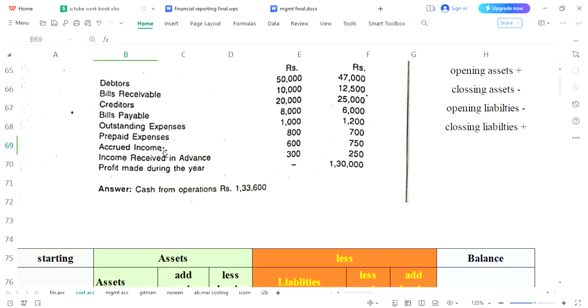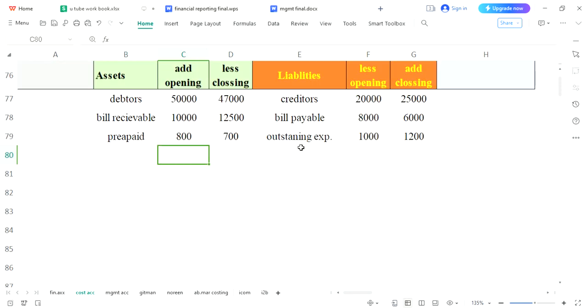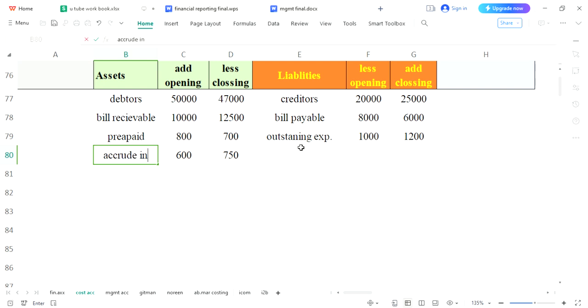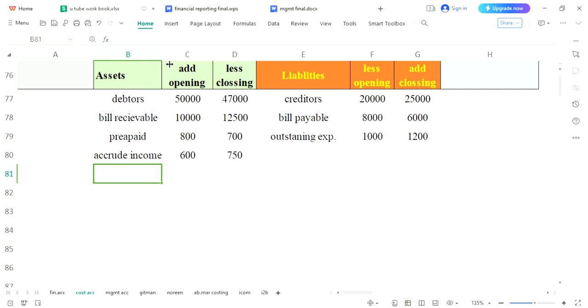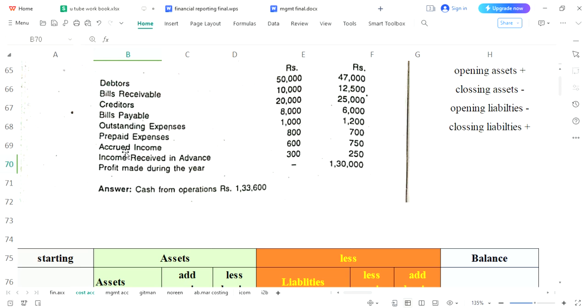Then we have accrued income, outstanding income, again an asset, 600 and 750. After accrued income, we have income received in advance.